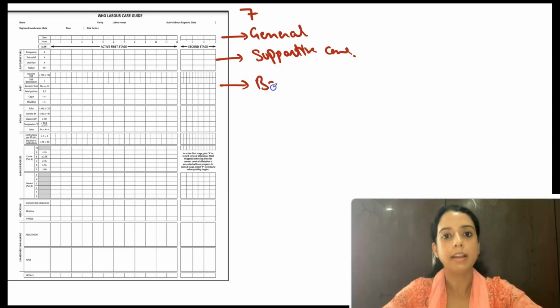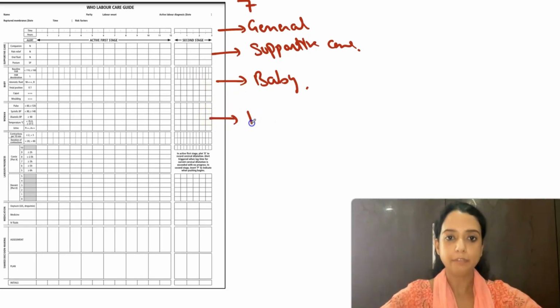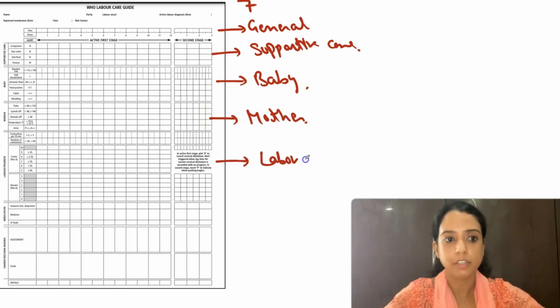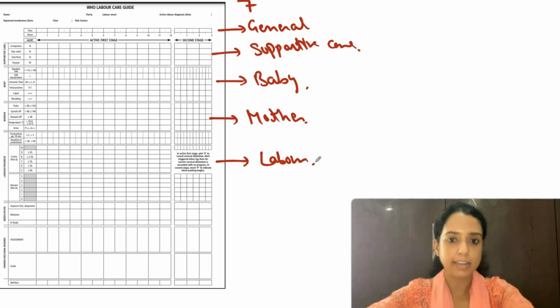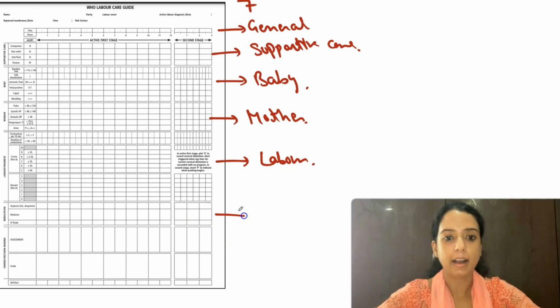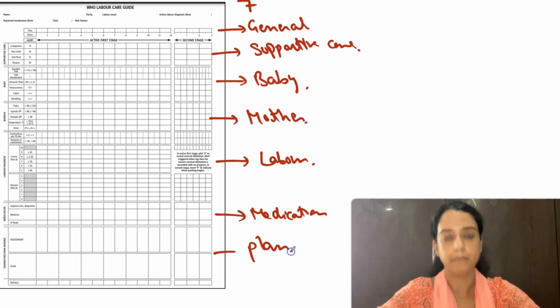Third is the information about the baby. Fourth includes the information about the mother. Next comes the labor progress, which includes the cervical dilatation, the descent and the uterine contractions. Then come the medications. And the last is the plan.